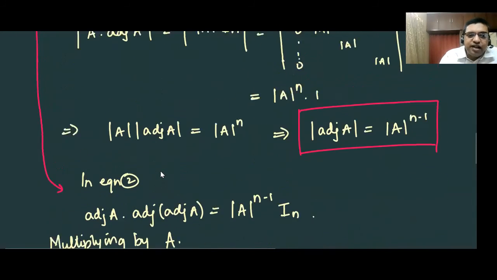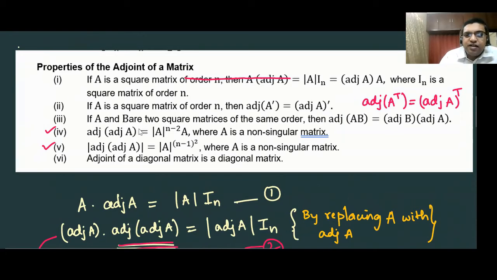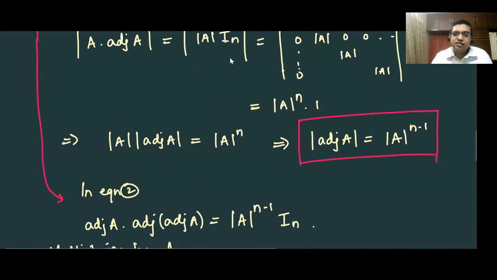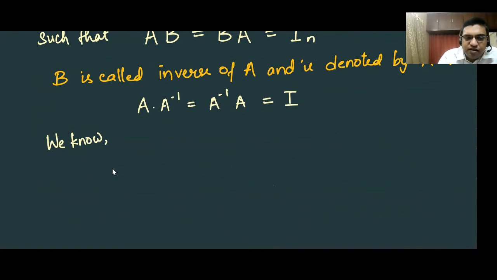Let us go to adjoint. This particular property, A into adjoint A, we just now built.